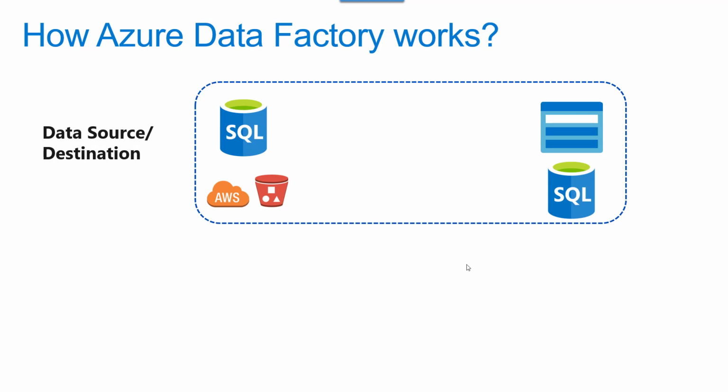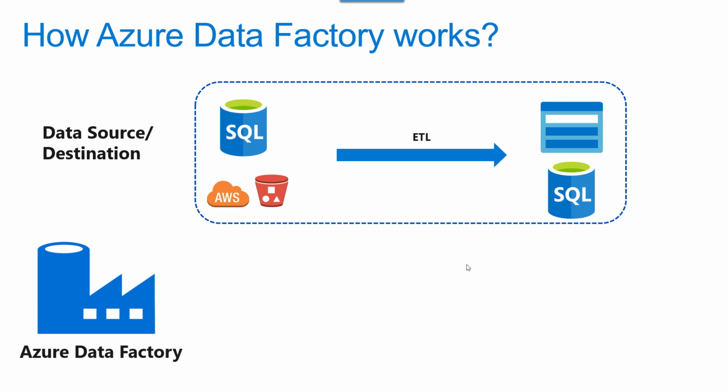It's again a variety of destinations. And then I just want to move, extracting, transforming, and loading my data from the source to the destination. And in order to do that, I work with Azure Data Factory. It's a cloud platform for ETL solutions.